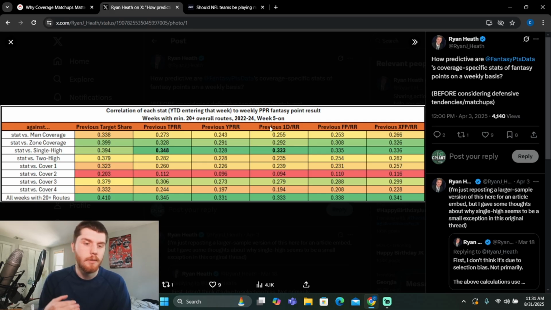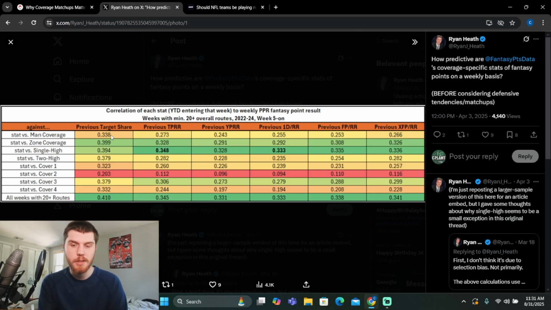And he's looking at only games where they ran 20 or more routes, which is reasonable. From what I'm piecing together, let's say we're in week 8. He's looking at their target share against man coverage, for example, over the first 8 weeks of the season.